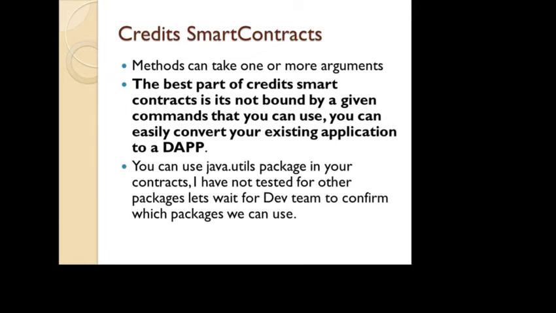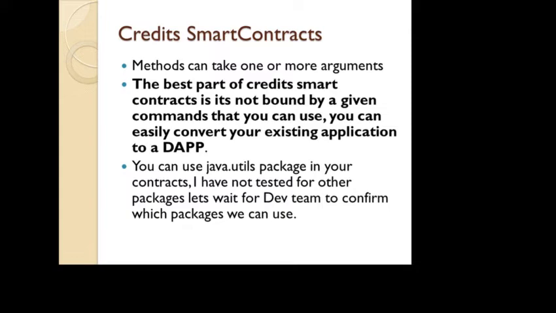So methods can take one or more arguments, as we know, and the code that you are going to use within a smart contract is not going to be limited by the language that we are using, because it is Java. You can use any of the Java functions that you can think of and write your code. Basically, it is as simple as porting your code from your existing application to this one.